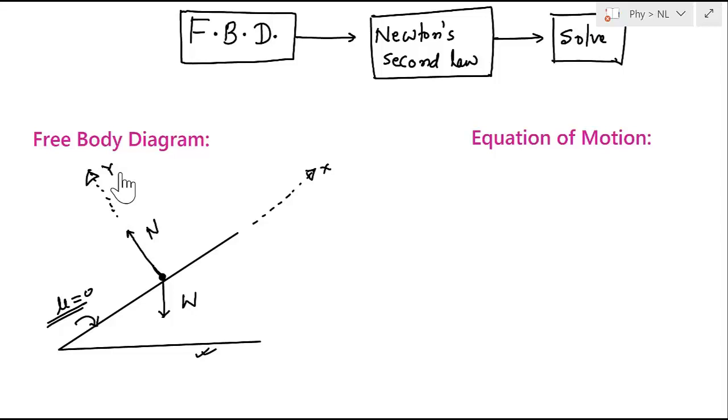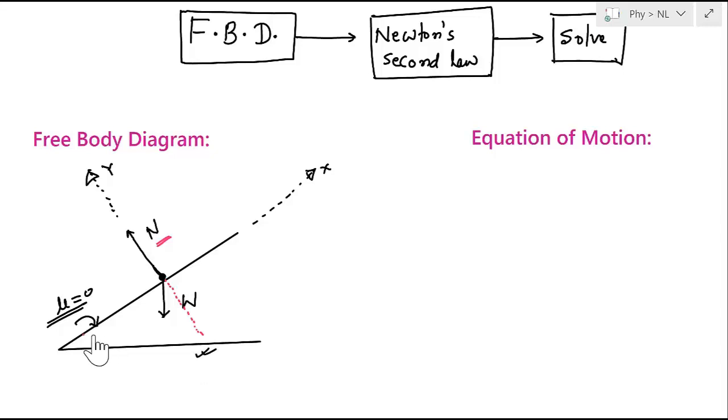Now we have to take the component of the forces along the x and y-axis. The normal reaction is already along the y-axis, but the weight is not along the x-axis or the y-axis. So we have to take the components of weight along the x-axis and y-axis.